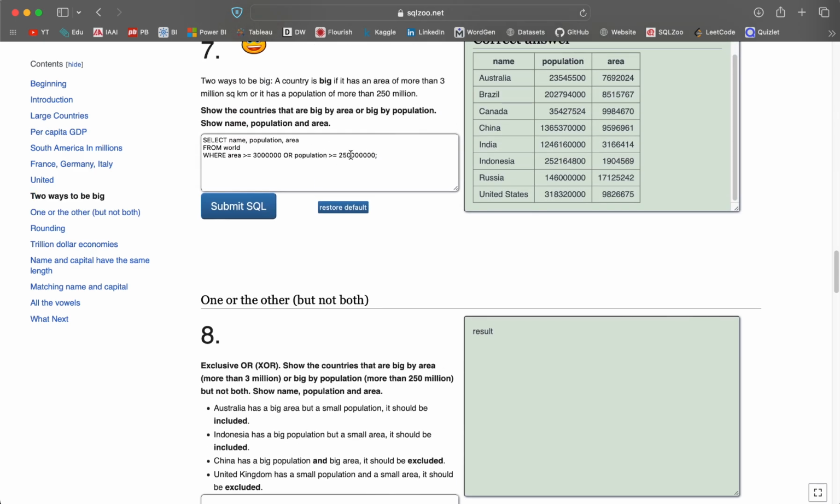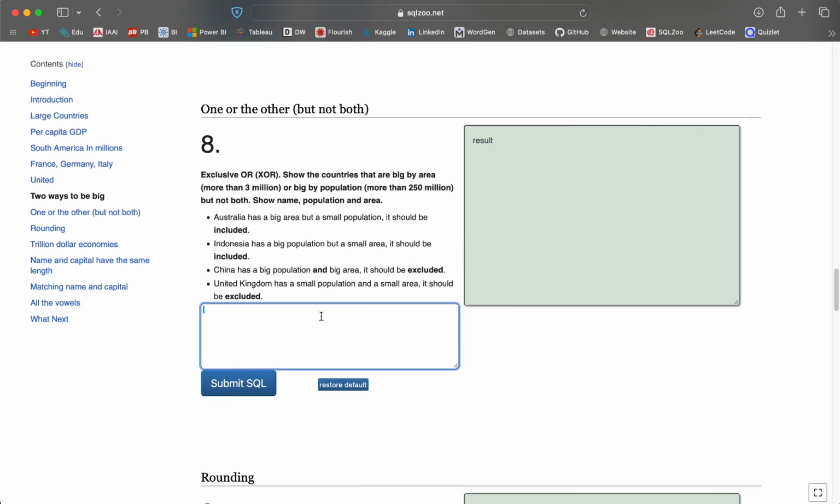Now imagine we're looking for countries that either have an area larger than 3 million or a population of 250 million, but let's say we don't want any countries that have both. So that's pretty much what we're doing here.